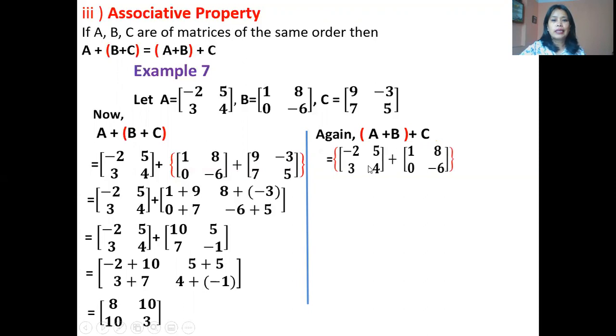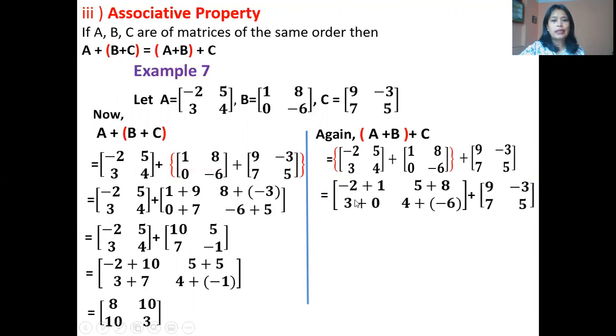So we are adding A plus B first, then only it's the turn of C. Their corresponding elements are added like this: minus 2 plus 1, 5 plus 8, 3 plus 0, 4 minus 6. Then C, copy it as it is. The simplified form of A plus B is here, and then C.